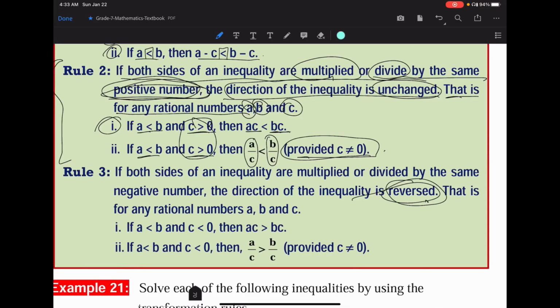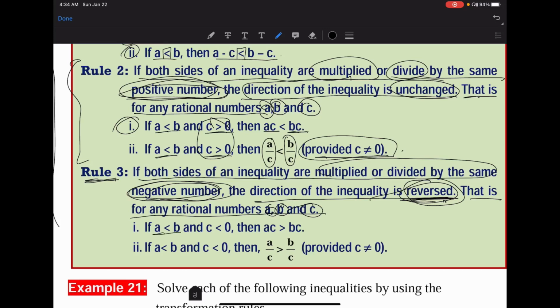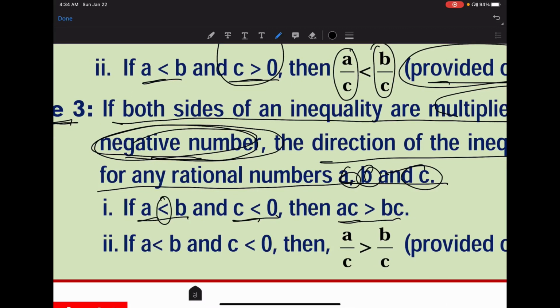Now let's look at rule 3. What does rule 3 say? If both sides of an inequality are multiplied or divided by the same negative number, notice it is a negative number this time, the direction of the inequality is reversed. That is, for any rational numbers a, b and c, if a is less than b and c is less than 0, then ac is greater than bc. See, here it was less than; what did it change to? It changed to greater than.